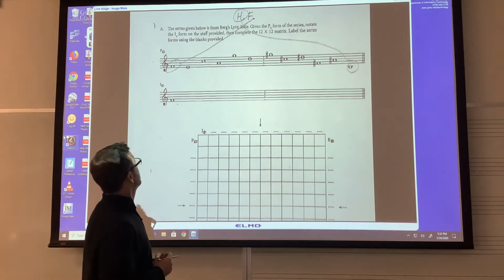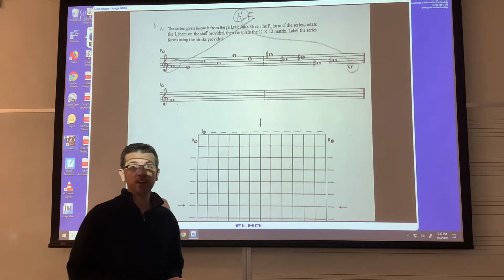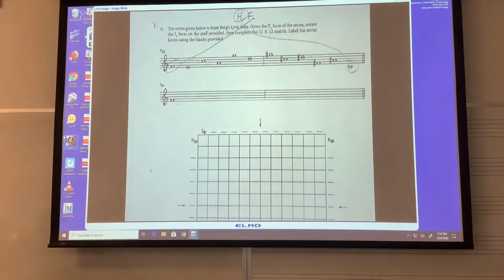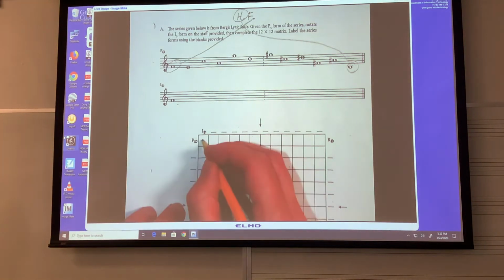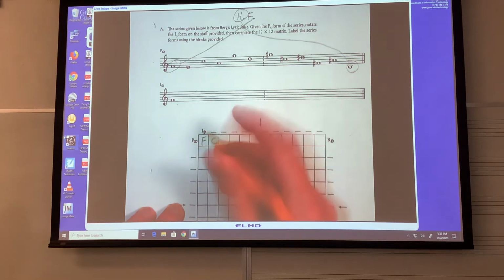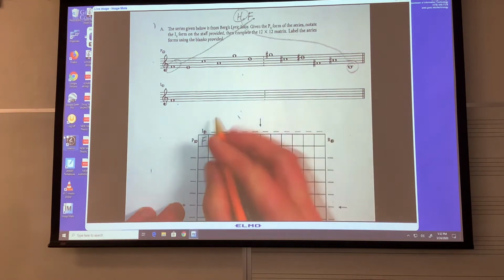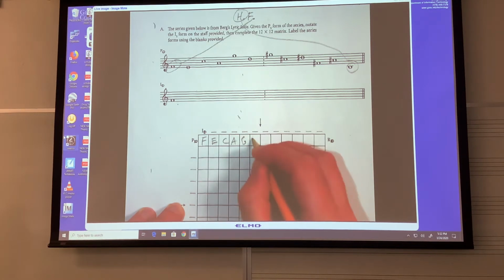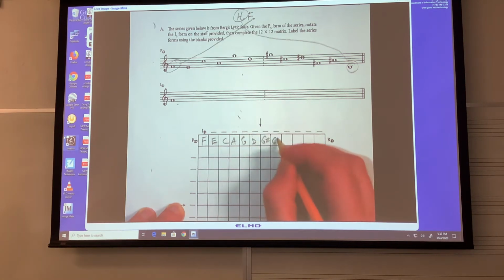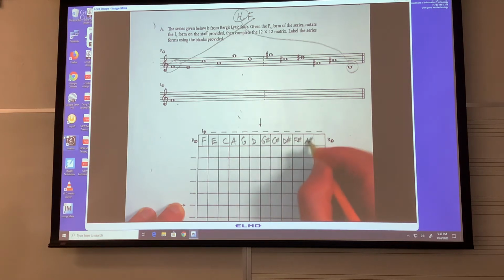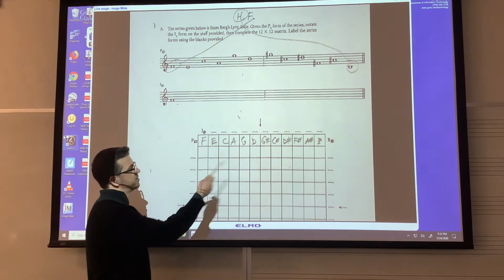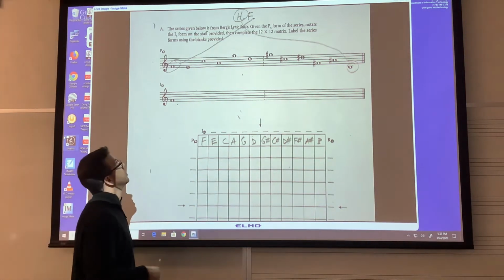Now, the first thing you should do is we need to put in P0, and that's an easy one. P0 will go right up here. And of course, now that we have P0, we also have R0.